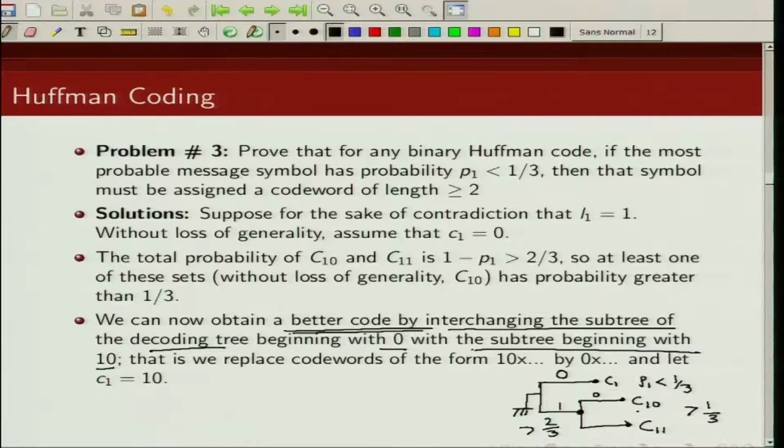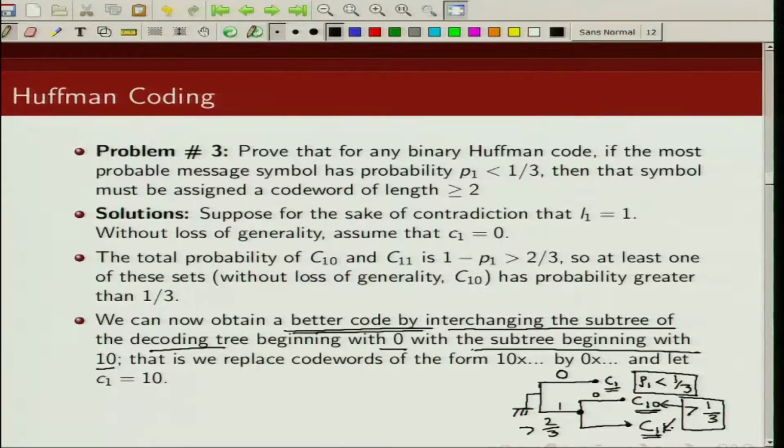Because either this or this has probability greater than 1/3. If we assign them code word length of 1 instead of 2, and we assign this code word length of 2 instead of 1, then expected code word length is going to decrease, because C1 has less probability than one of these.